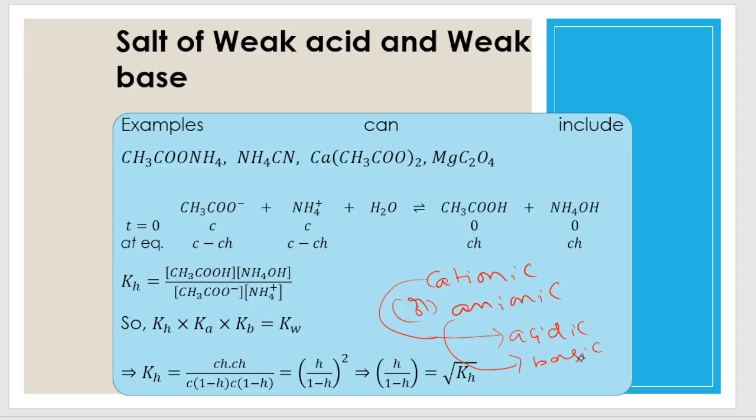Now if both are weak, the salt solution's nature depends upon Ka and Kb, as they are the weak acids and weak bases. If Ka dominates Kb, then the solution is acidic in nature. If Kb dominates Ka, then the solution becomes basic in nature.